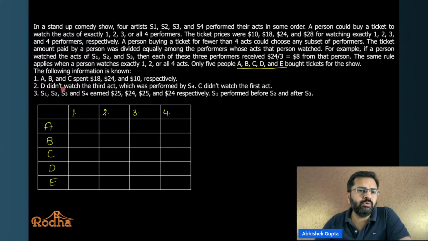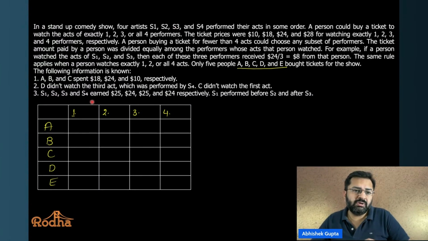Just look at statement 2. D did not watch the third act, which was performed by S4. So when it says the third act, don't confuse with this S3 and all. No, third act means the act which was performed third in order. So some act must have been performed first, then second, then third, then fourth. And this is what I'm writing here, 1, 2, 3, 4. So this is the order of the acts.